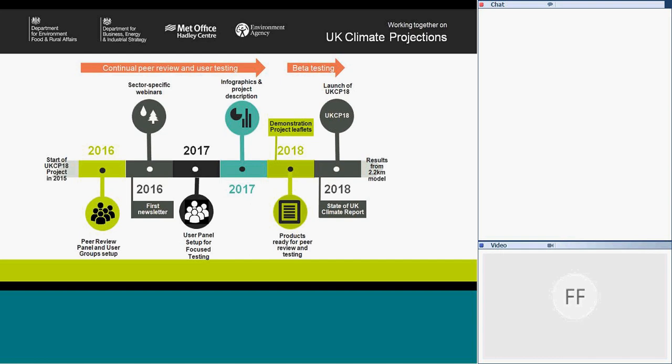And as we've gone on, we've produced various different types of information in order to engage that audience, from newsletters to infographics, and lately we're producing demonstration project leaflets, which I'll go on to a little bit. I'll probably open it to discussion, but there are some plans following the end of the project in 2018.